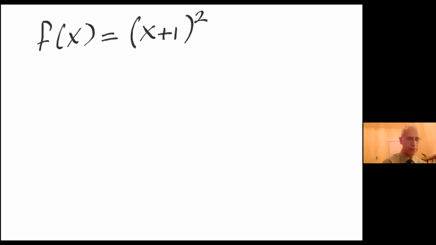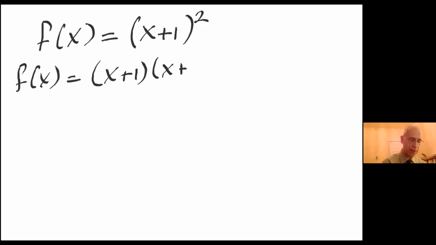Suppose we say f of x equals x plus 1 quantity squared. Well, the power is even, but if I expand this, I would get f of x equals x plus 1 times x plus 1.